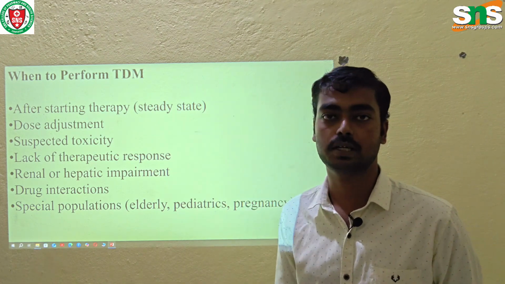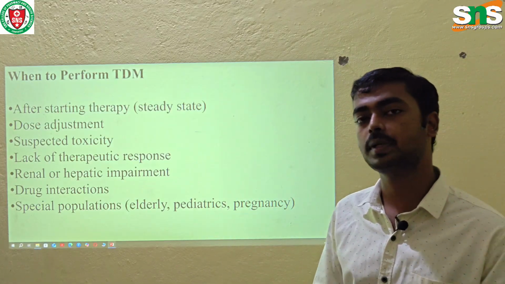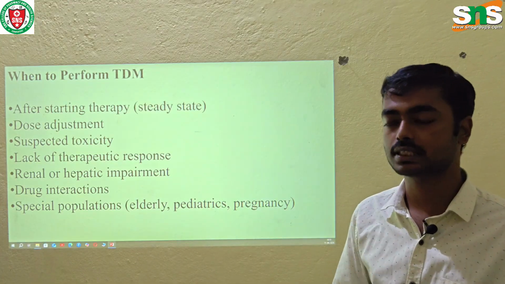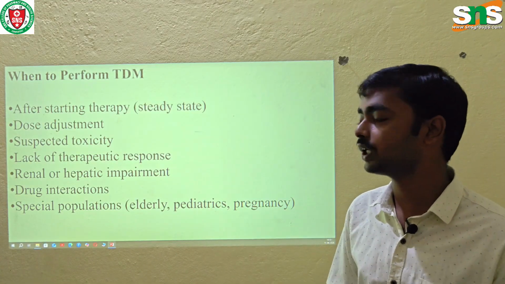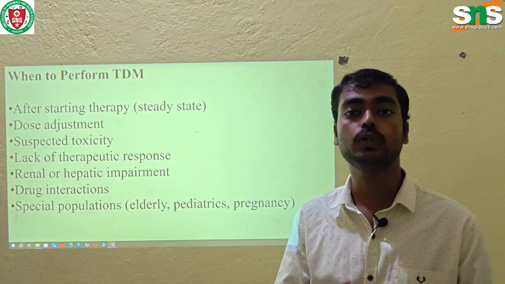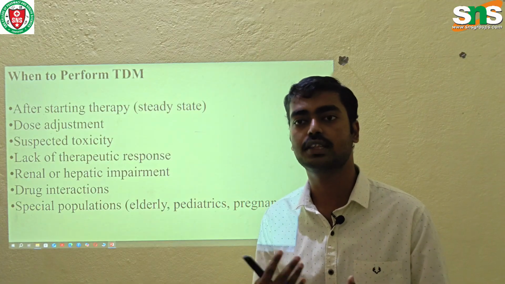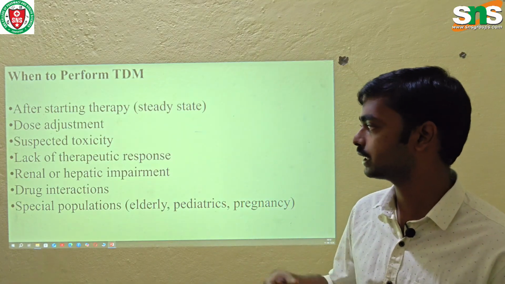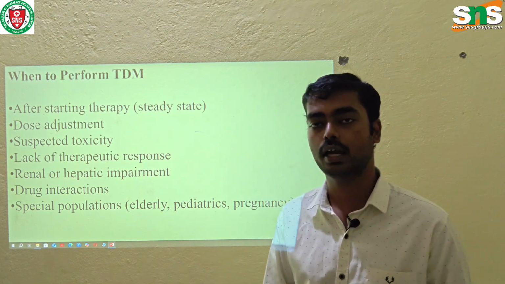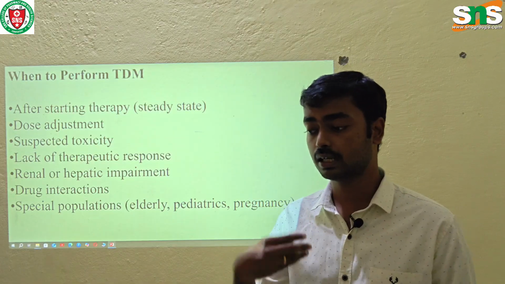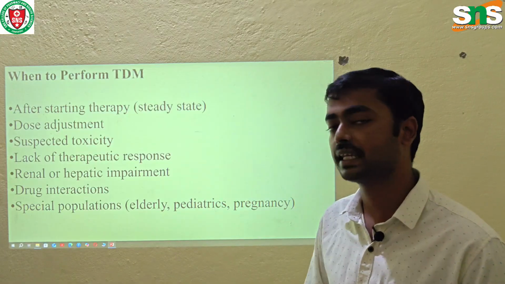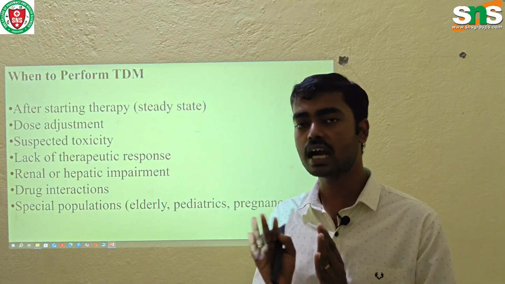And for dose adjustment, for decreasing or sometimes increasing the dose, we want to check the drug level. Also when we suspect toxicity, and in lack of therapeutic response: if a patient comes with some problems, we give some drugs but there is no improvement or no therapeutic response, in that case we want to check the drug level. And in renal or hepatic impairment: if a person already has renal or hepatic impairment, the dose we administer can also worsen it. In that case we adjust the dose.